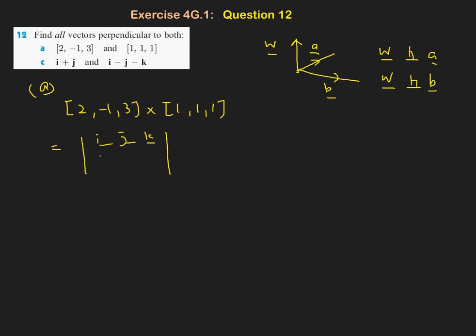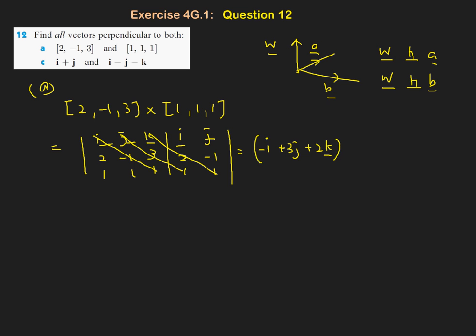negative 2, negative 1, 3, 1, 1, 1. I copy the first column, I, 2, 1, and second column, J, negative 1, 1. Perform this, this, and this, and then I will get negative I plus 3J and plus 2K. Now I do from bottom to top.